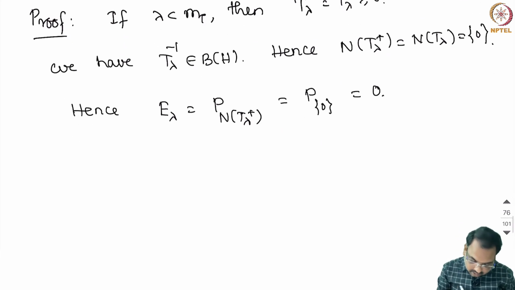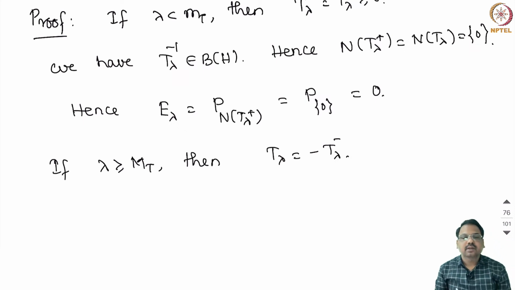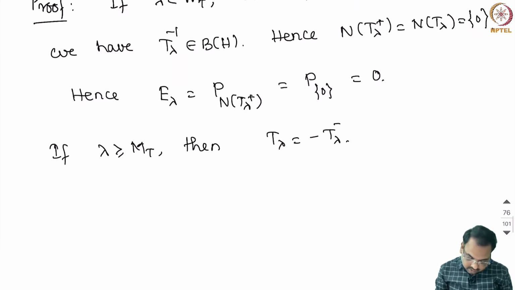Okay. On the other hand, if lambda is bigger than or equal to capital M, then we know that T lambda is minus of T lambda minus. So we want to look at the spectral family generated by T. Hence we want to look at the null space of T lambda plus.